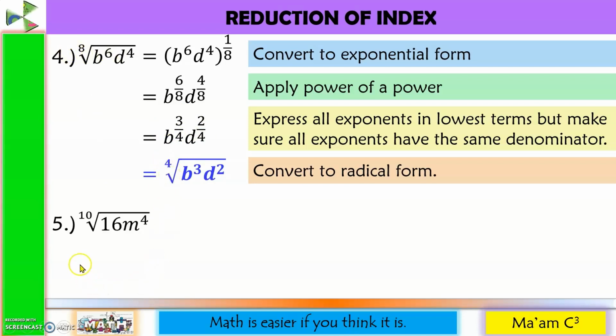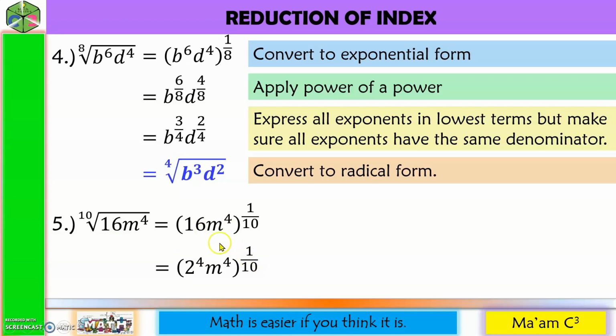Another one, the 10th root of 16m to the 4th power. So now I have a combination of constant and variable. Again, let us convert this into exponential form. So this will be the quantity 16m to the 4th raised to 1 over 10. And then I'll express 16 as 2 to the 4th power.